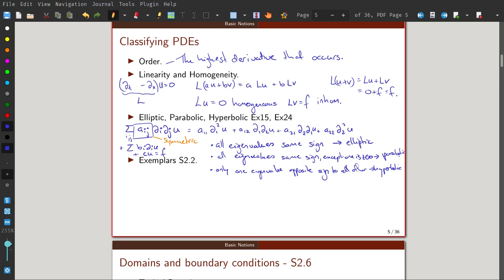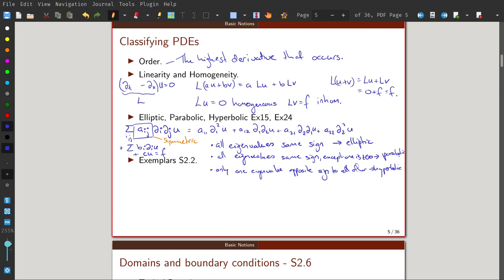So all the space coordinates should behave the same. And so the corresponding eigenvalues should all have the same sign, except the time one, that can behave differently. So it could have the same sign as the space ones, be zero, such as in the heat equation, or have the opposite sign. So that's the reason we consider this classification in general, or why this classification is so useful.